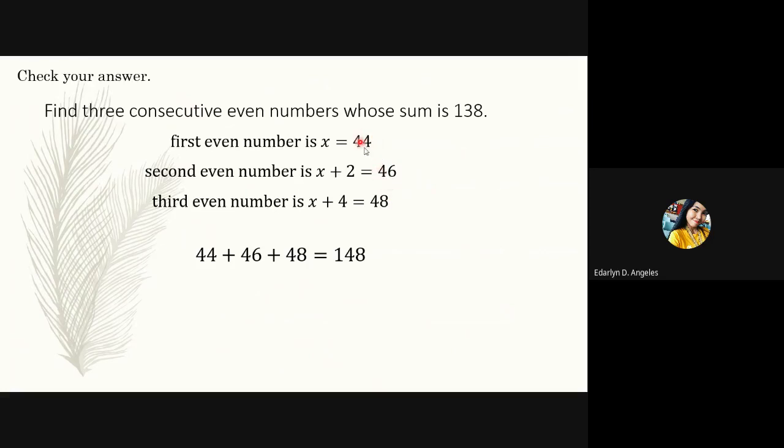And we only need to verify if the sum is 138. So 44 plus 46 plus 48, it should be 138. Sorry about this one. It should be 138. Please do check it or double check it, all right? This is a typo error.